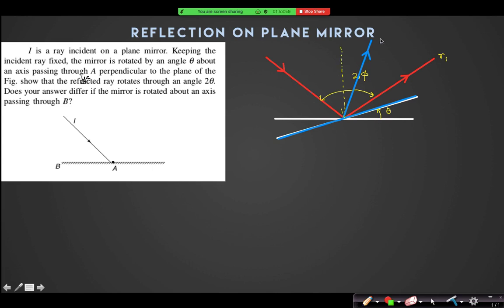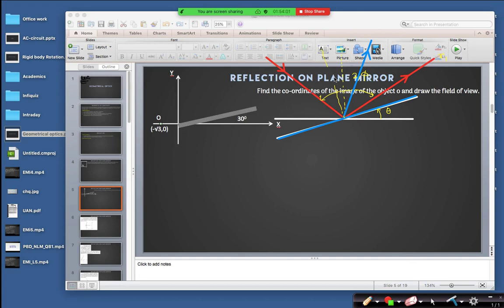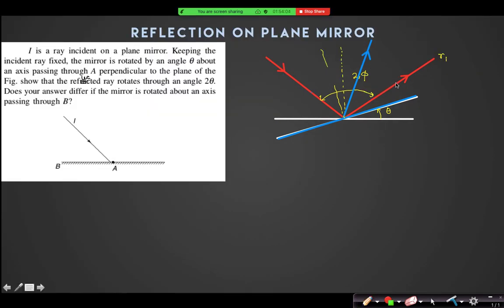So the normal of the mirror will also change by angle theta, yes or no? Now the normal of the mirror will also change by angle theta. So initially this angle was phi, and now this angle is how much? Phi minus theta. So this angle is also phi minus theta, right? So now the angle from this fixed line to this reflected ray 2 is 2 phi minus 2 theta, whereas initially it was 2 phi.